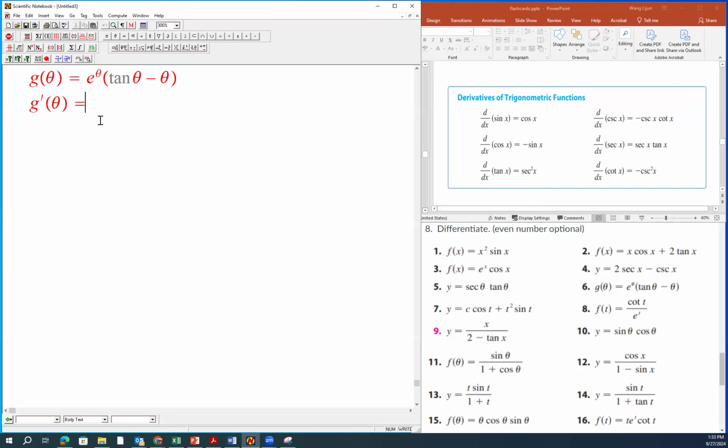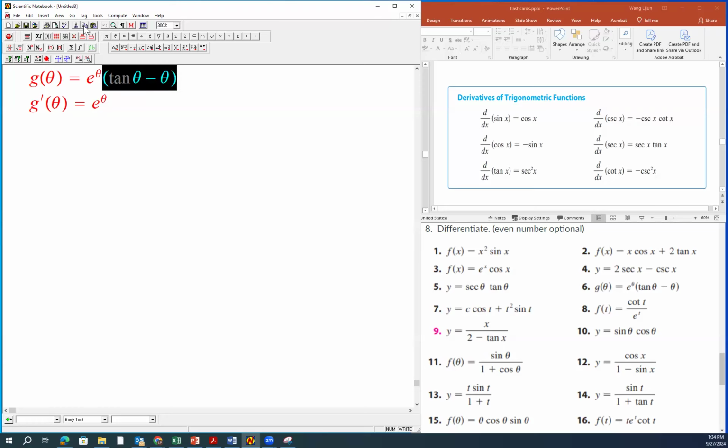So this is a product rule. Okay, so you're going to treat this as F times G. Product rule: we first differentiate e to the power theta. E to the power theta being differentiated is the same, e to the power theta.